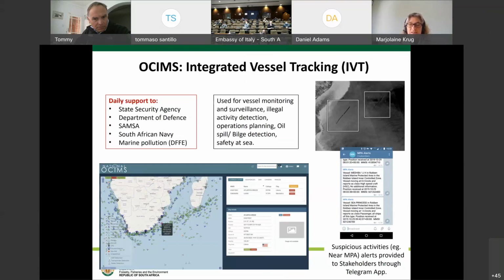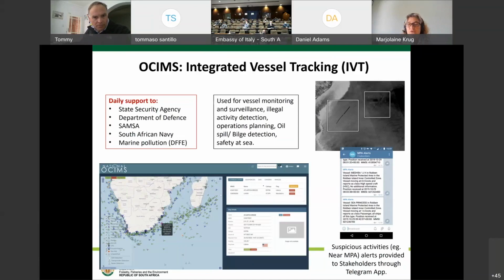And we use AIS data to detect anomalous behavior in fishing vessels. And we combine this AIS data with synthetic aperture radar data as well, from both RadarSat and the Sentinel-1 series. So we also directly engage with our stakeholders.